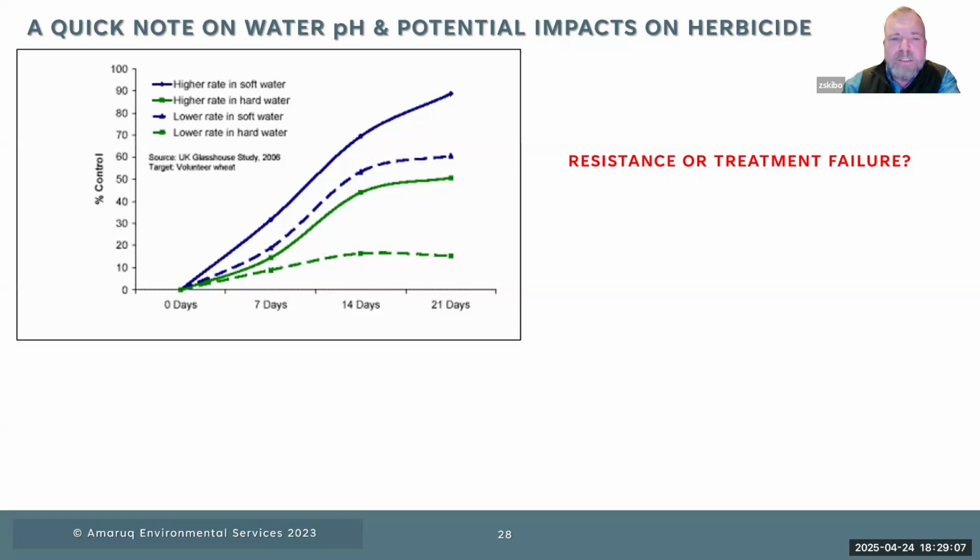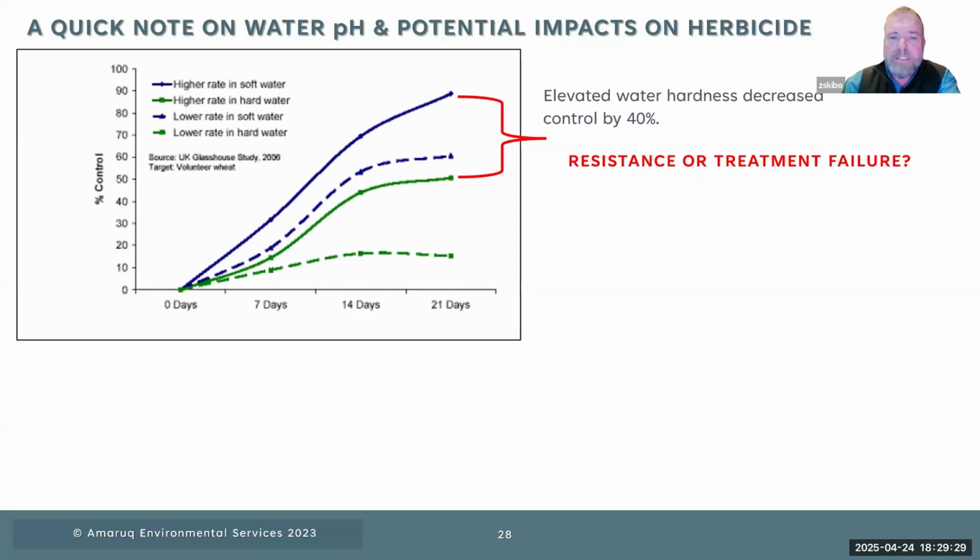I grabbed this graph a few years ago. I wish I remembered who presented it. The blue line is just a full rate of Roundup. I believe it was used on foxtail. If you follow that blue line across, it should come as no surprise that within about 7 days, we started seeing impact on the treated species.